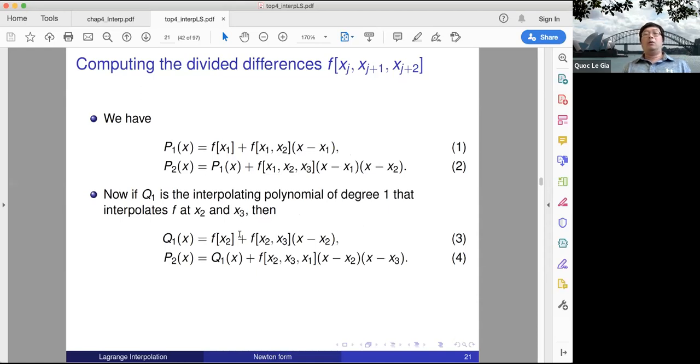Or you can construct a polynomial on x2 and x3, then you construct P2. Okay, so maybe let me draw a picture. This is not easy to see from the formula, but you can see it from the picture.